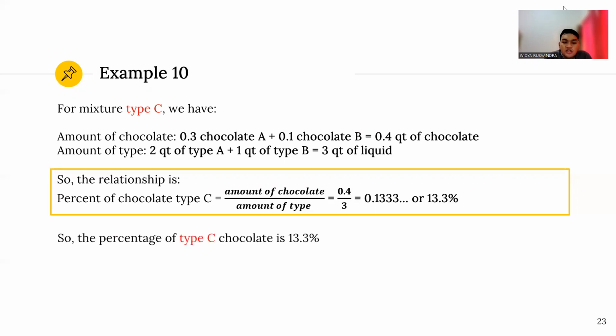So the percentage of chocolate in type C is 13.3%.